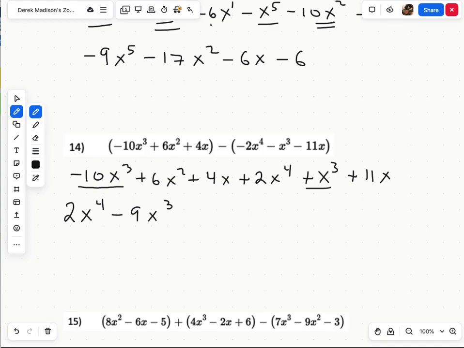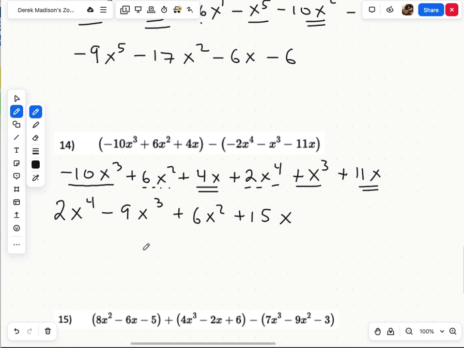And then next we have x squareds, and that appears to be the only one. So this one will go plus 6x squared, and then I have a plus 4x and a plus 11x, so those are also like terms, and that would give us 15x altogether.